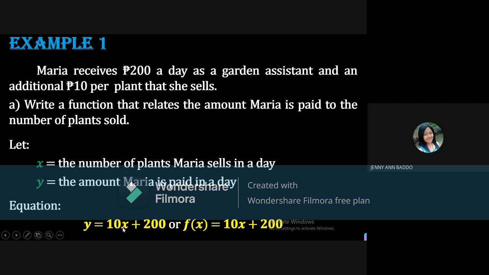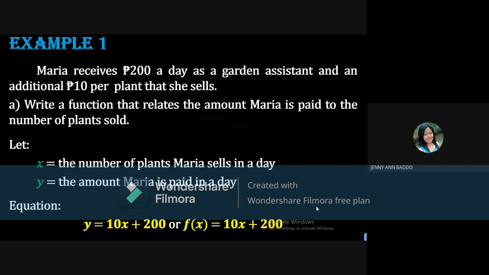So for every plant represented by x, she has 10 pesos, and plus 200 for being a garden assistant. So we have here y equals 10x plus 200.